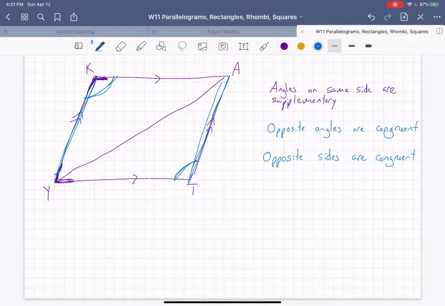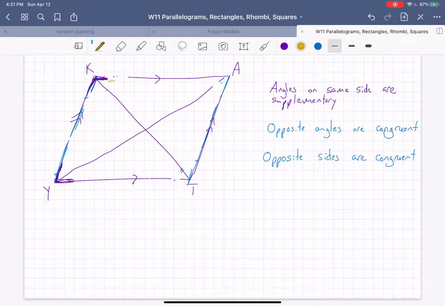The last thing, we have to draw our second diagonal, which I did not do a good job at. Maybe I'll clean this up a little bit. If we draw our second diagonal, we see now, instead of 2 triangles on the inside, we see 4 triangles on the inside. And we know all this information.